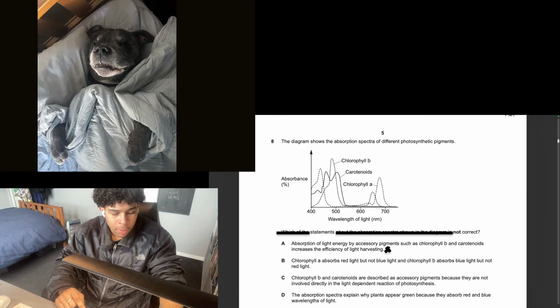So accessory pigments get excited and pass electrons to primary pigments, which are connected to the electron transport system in some way. So I think this is right. They're accessory because they're not directly connected to the electron transport chain. Therefore, they're not a part of the light-dependent stage of photosynthesis.